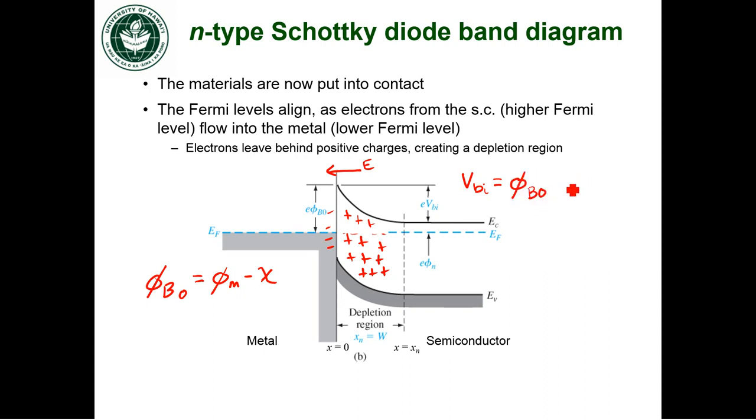That's phi sub b naught minus phi sub n. Okay, so that's this variable here. And phi sub n, this is an earlier definition that we had, so that's just the difference between the conduction band energy and the Fermi energy in the semiconductor.